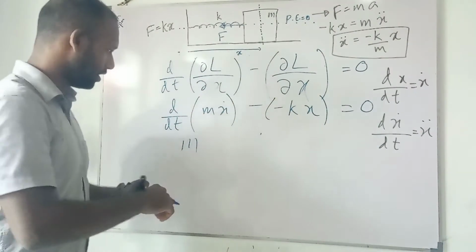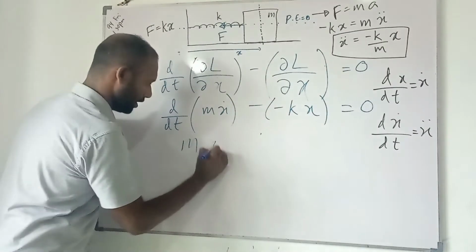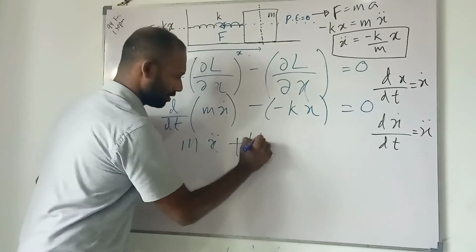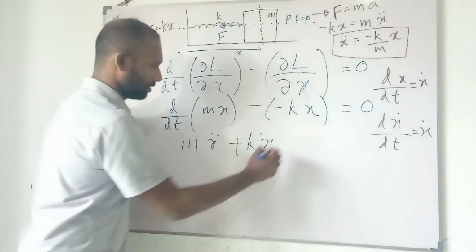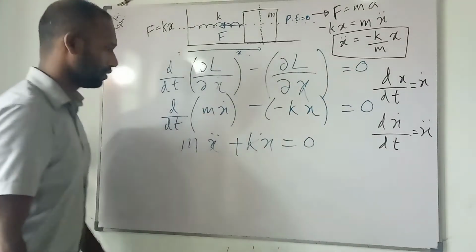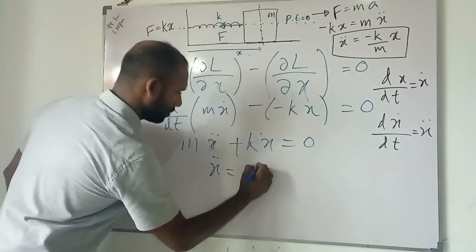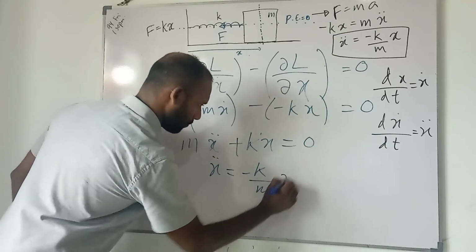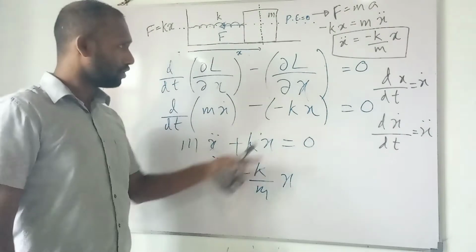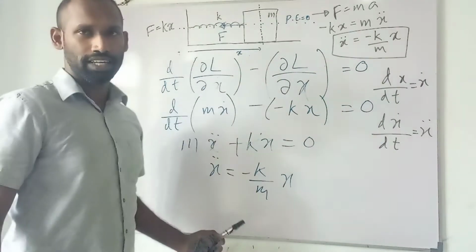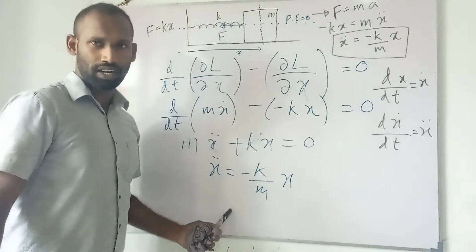So here m x double dot plus kx equals 0. So you can see we can obtain the similar equation using Lagrange.